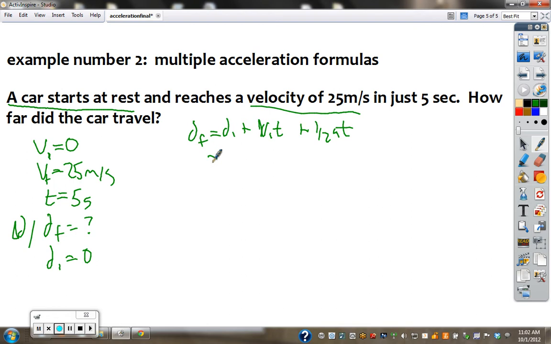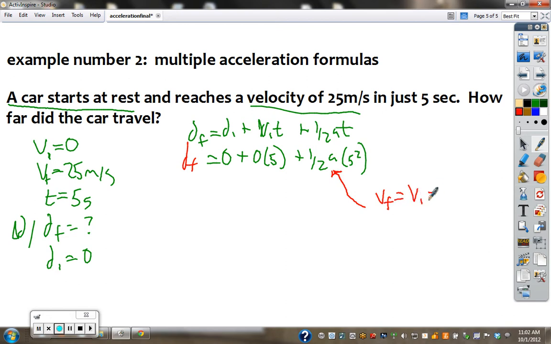So plug it in. Equals 0 plus 0 times 5 plus 1/2, I don't know, acceleration times 5 squared. So I need to know this before I can get to this. So this is a 2-step problem. But I do know velocity final equals velocity initial plus acceleration times time.